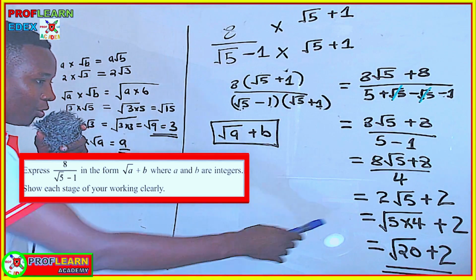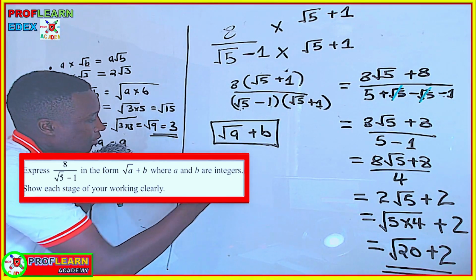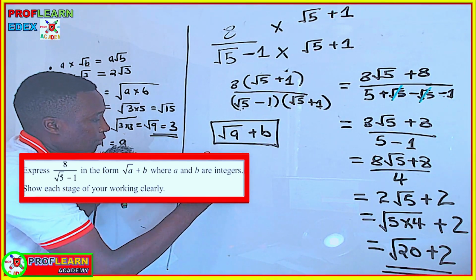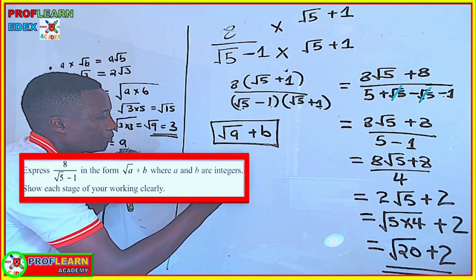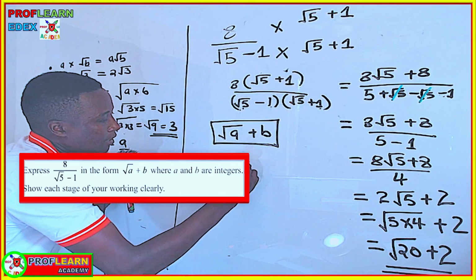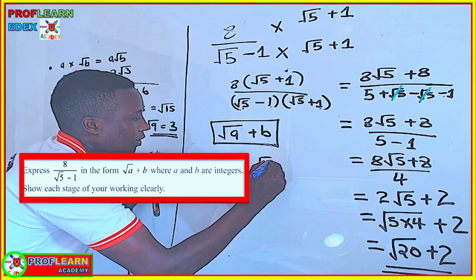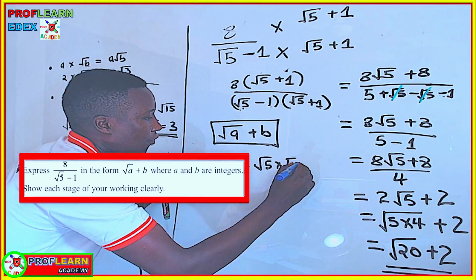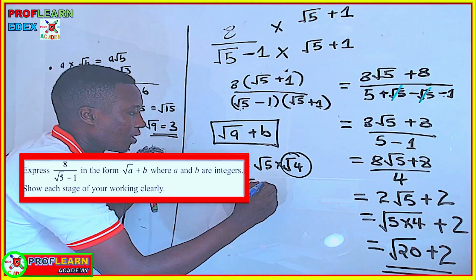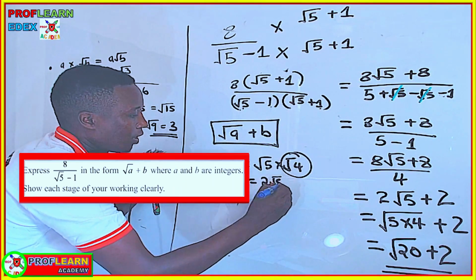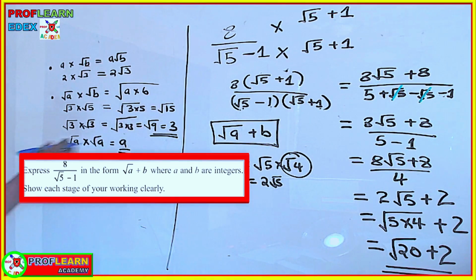Because 5 times 4 under the root can be written as root 5 times root 4, so you take the square root of 4 and finally you have 2 root 5. So you need to understand that if you can combine this and express it as a single root, then you can also split it.